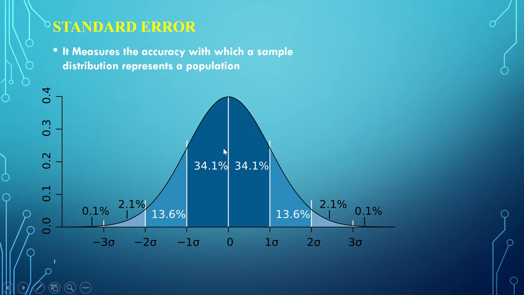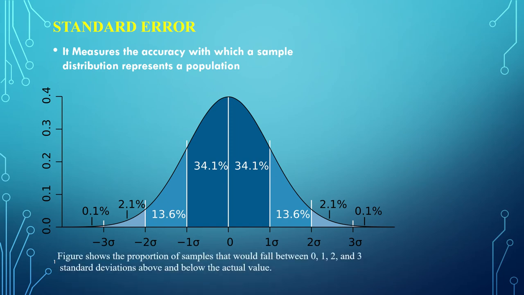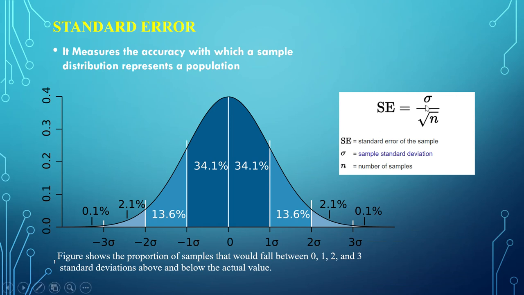As you can see in this figure, the proportion of samples that would fall between 0, 1, 2 or 3 standard deviations left or right can be defined as sigma divided by the square root of n. This is what is known as standard error.